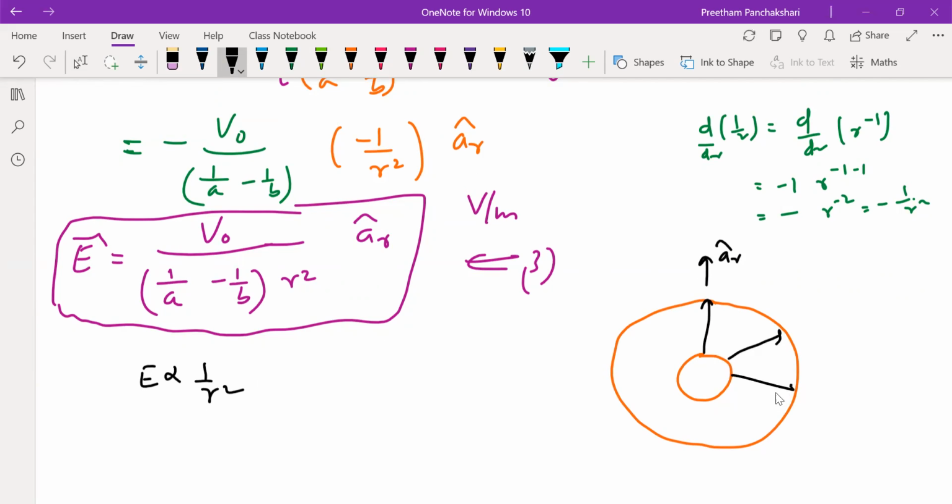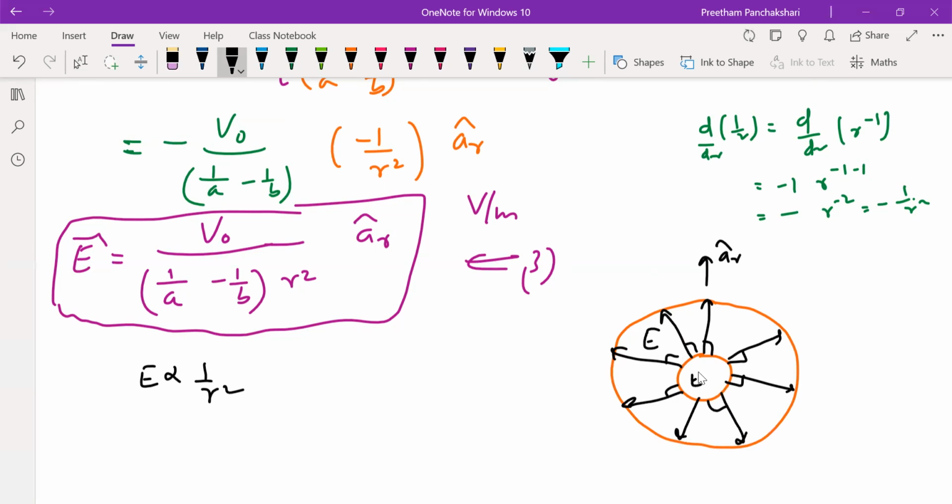So radial direction is existing in all the directions of the sphere, and all are perpendicular to spherical surface. So this proves our concept what we discussed in the boundary conditions. And this is our electric field.